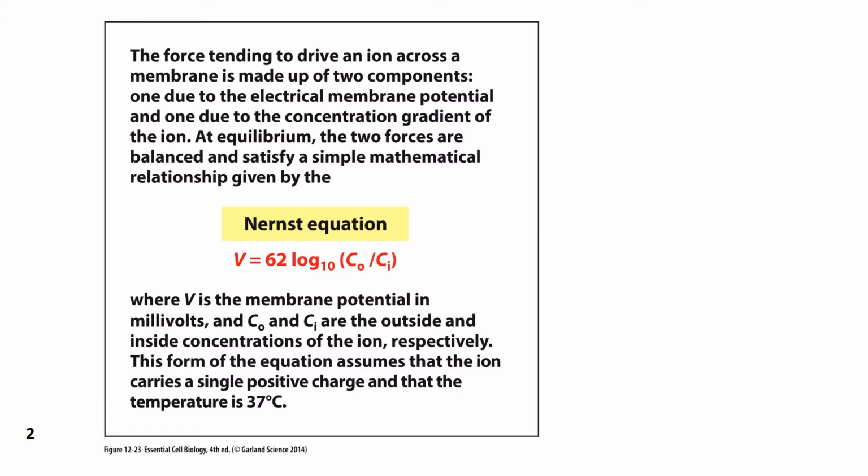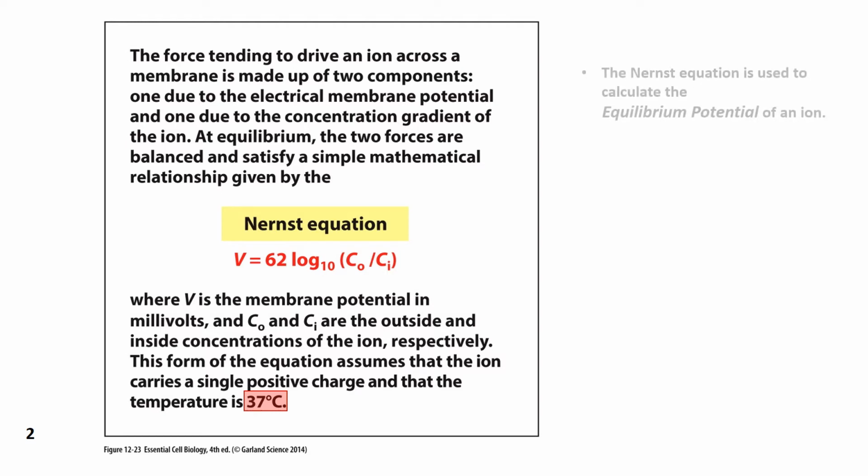Because we are concerning ourselves with the Nernst equation in the context of cells, we will use 37 degrees as the temperature. Therefore, 62 is the constant that will be used in the Nernst equation.